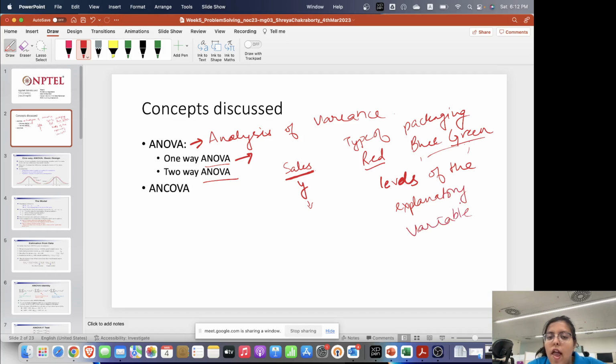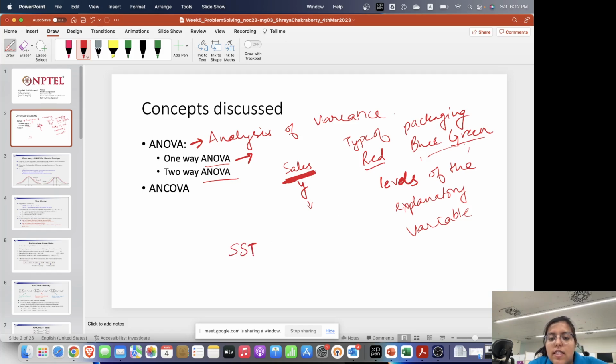Why is this called analysis of variance? Because we are doing this analysis by partitioning the sum of squares into an explainable part and an unexplainable part, or we are partitioning the total sum of the square deviation from the mean into two parts.